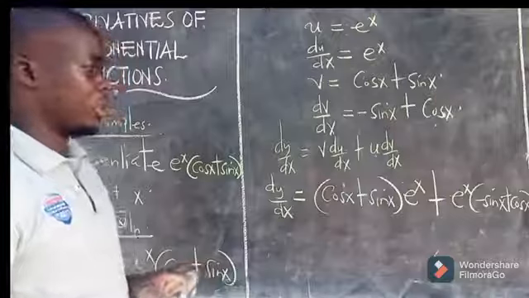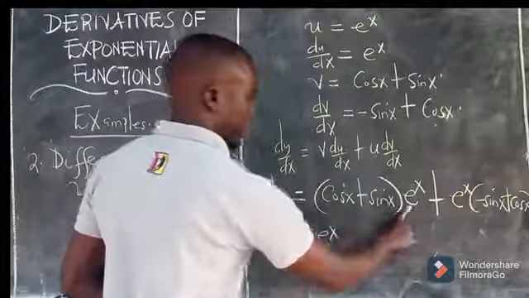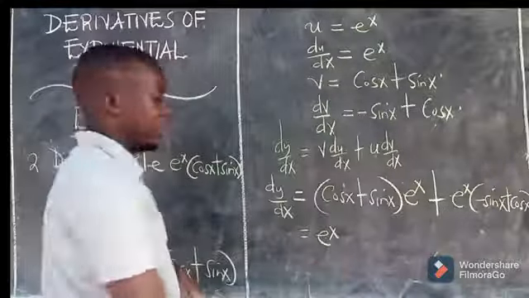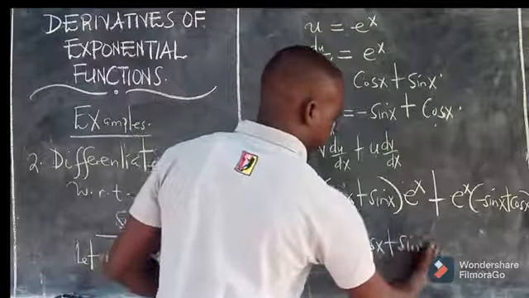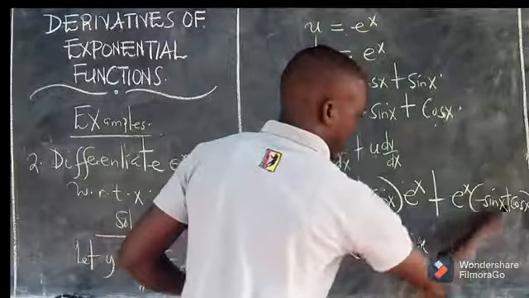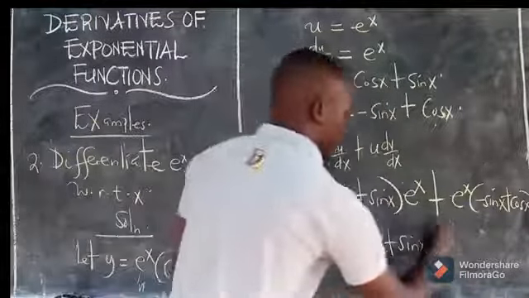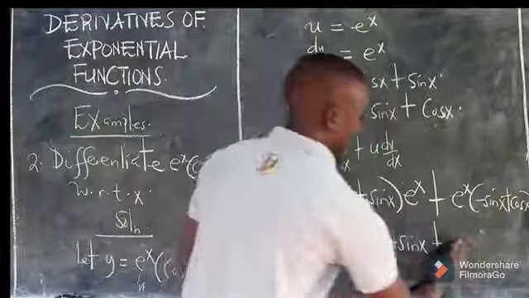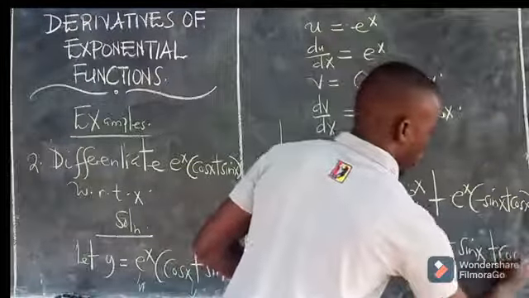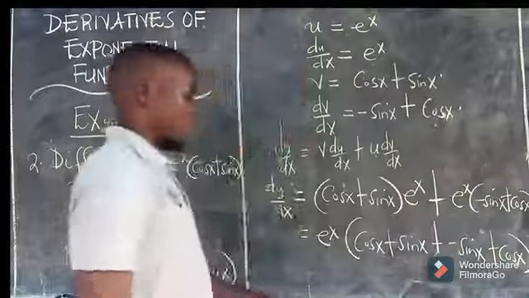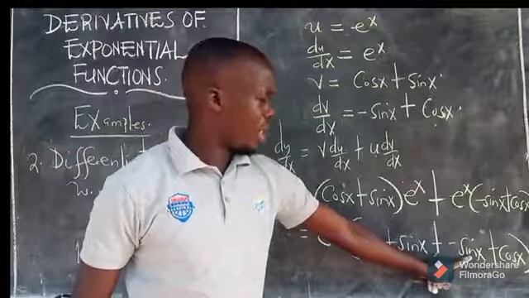Then the next step is going to be simplifying, of course. I can see a common factor, which is exponential x. I see it here and here. When I factorize it out, I remain with cos of x plus sine of x, then there is this plus, of course, and a minus sine x there, plus cos of x. When you look at that carefully, you realize that sine x can cancel with minus sine x.